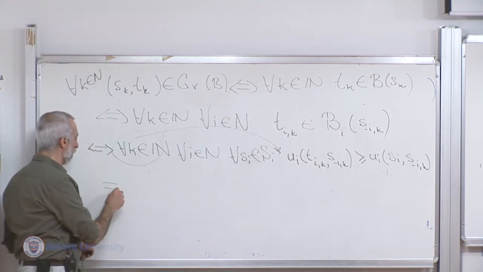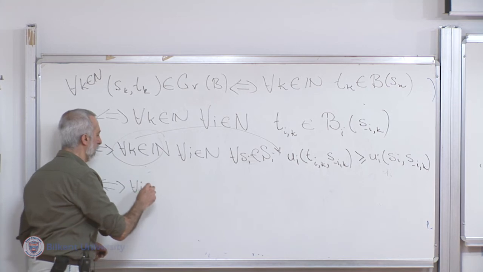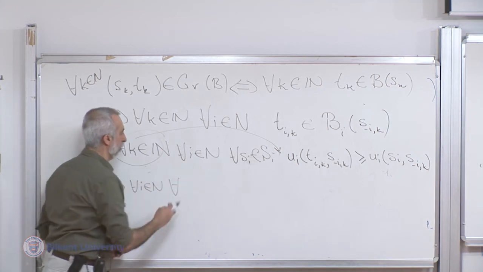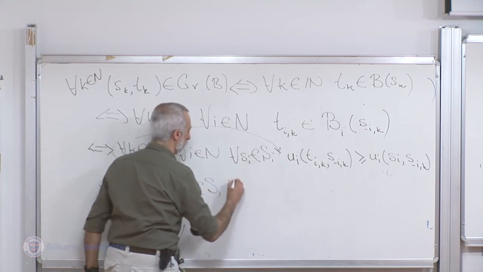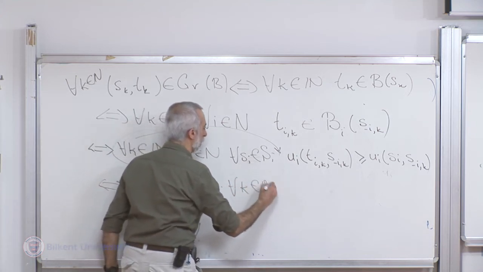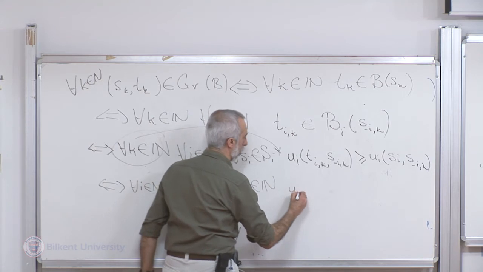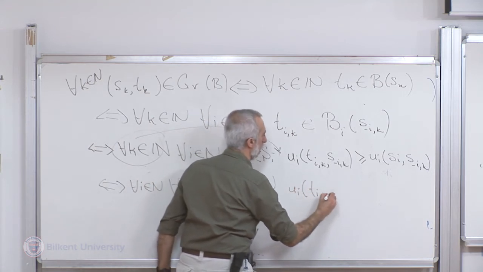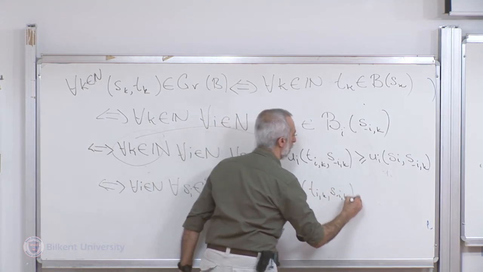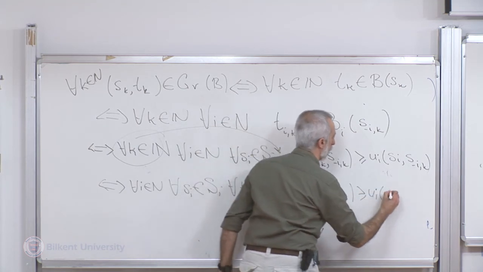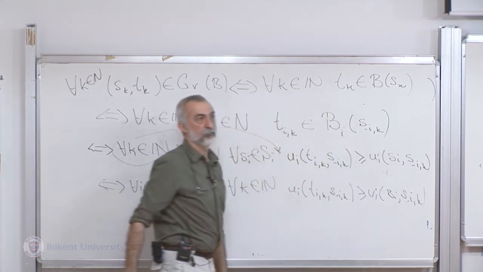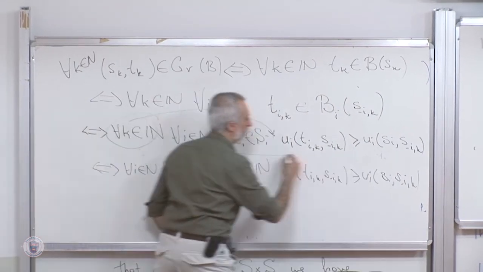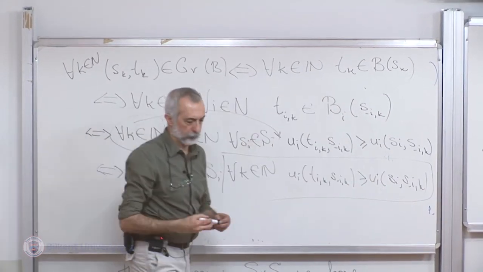So this is the case if and only if for every I in N, for every Si in capital Si, for every natural number k, Ui of Tik, S minus Ik is greater or equal to Ui of Si, S minus Ik. Okay, now I have this statement.